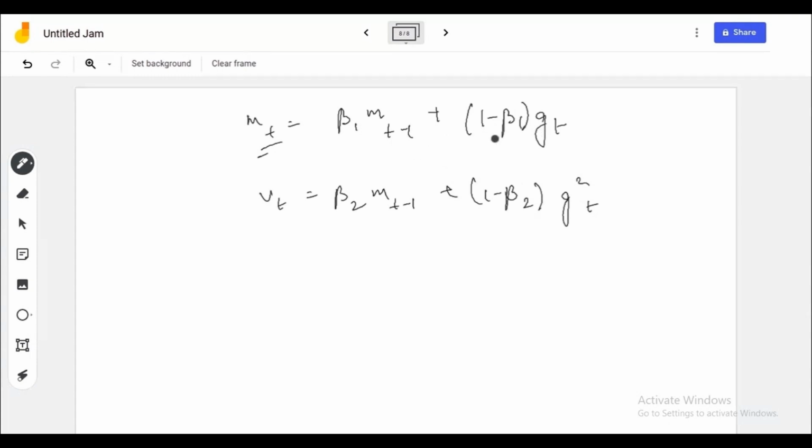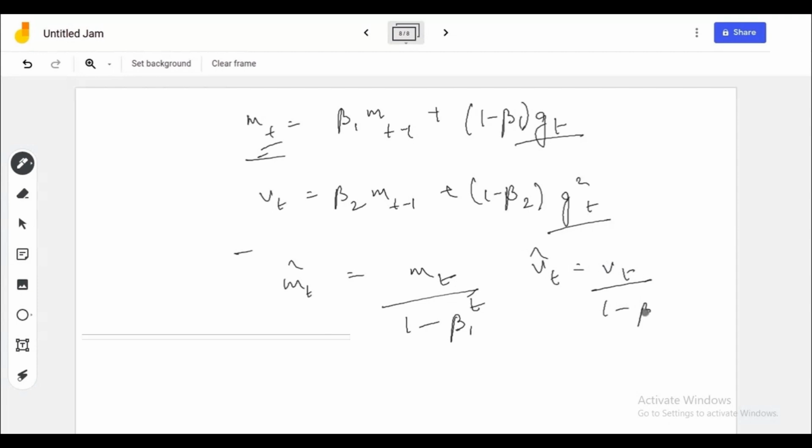So there is one momentum-like term for the gradient and one for the gradient square. m hat t will be equal to m t by 1 minus beta 1 to the power t, at iteration t, and v hat t will be equal to v t by 1 minus beta 2 to the power t, at iteration t.